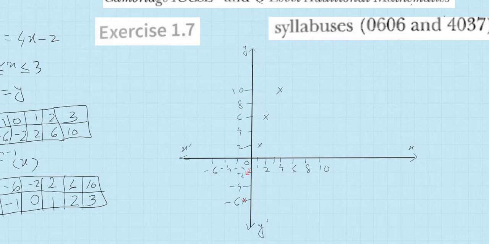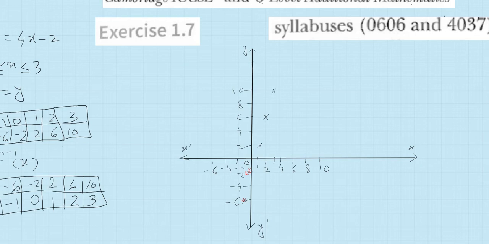Because the function is a straight line, we just join all the points using a scale, because this is not a curve, this is a straight line. So the first value is x minus 1, y minus 6, then 0, minus 2, then 1, 2, then 2, 6, and then 3, 10.